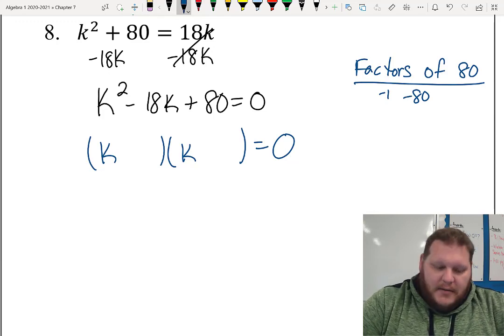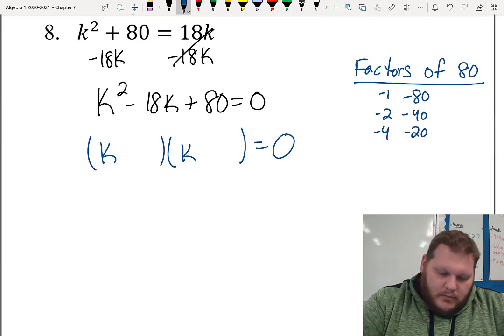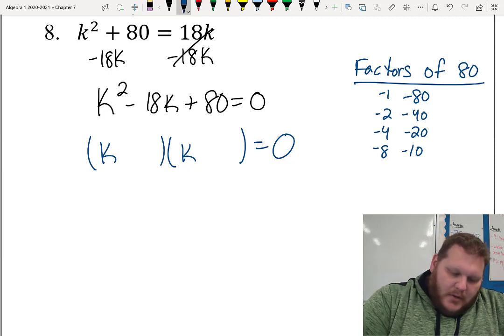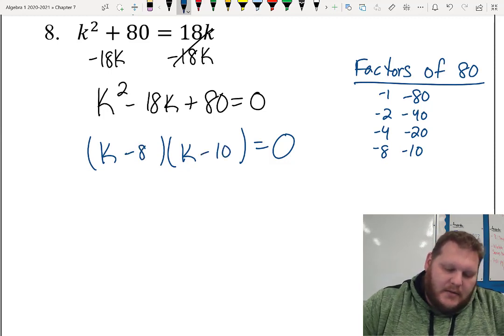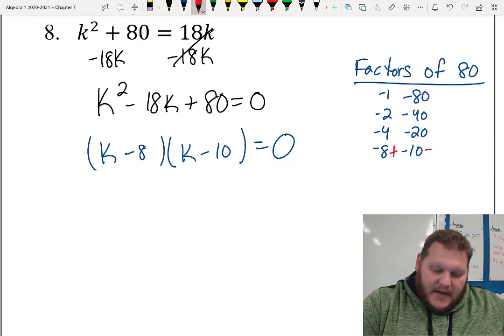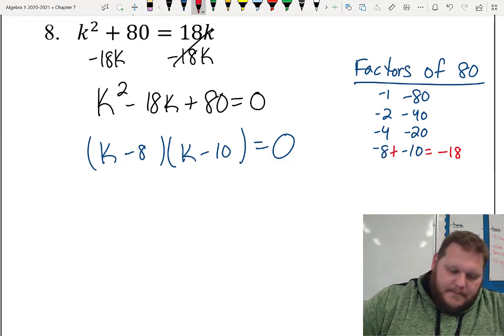So negative 1 and 80, that's too big. Negative 2 and negative 40, that's too big. Negative 4 and negative 20, still too big. Negative 8 and negative 10, there she is. So k minus 8, k minus 10, because negative 10 times negative 8 is positive 80. Negative 8 plus negative 10 is negative 18.